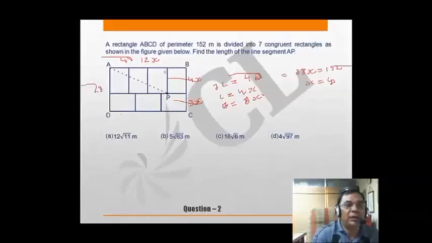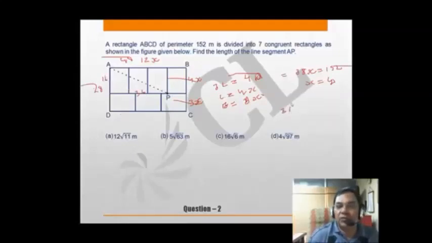This is 28. Now what they are asking is the line segment AP. Obviously this becomes 3x, 9x, 9 this becomes 36, and this becomes 16.